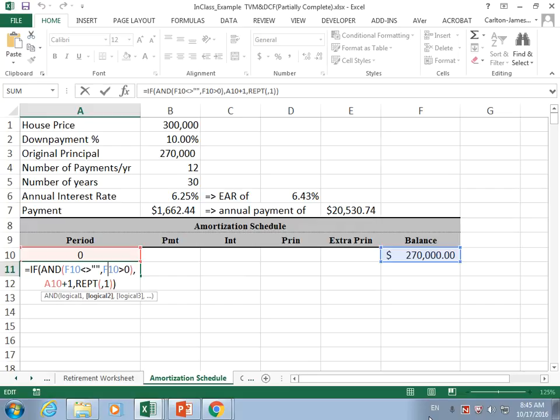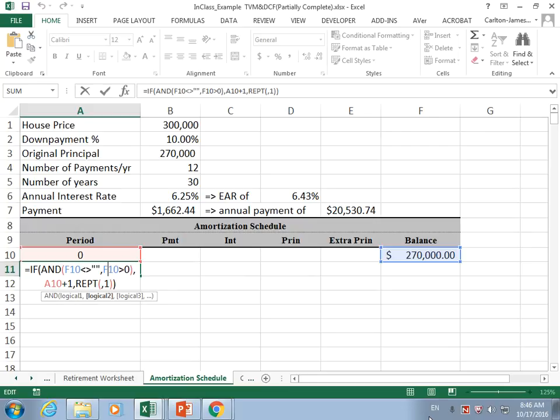So we want to say the following: if F10 is bigger than 0, and F10 is blank. So this is what we're saying. How do you put AND in your if statement? Well, you use the AND function. So if F10 is bigger than 0 and F10 is blank.